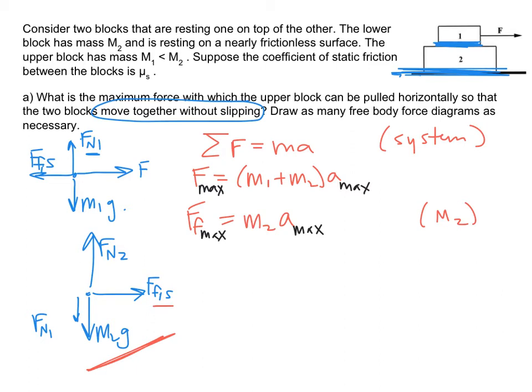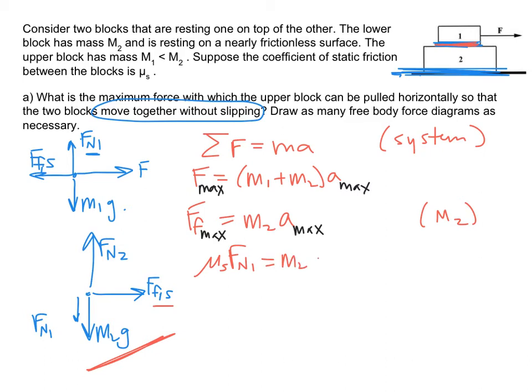So it does work out that I am going to be able to say that frictional force is mu sub s times my normal force. And my normal force in this case is, again, F sub n1, because the surface is below that object.